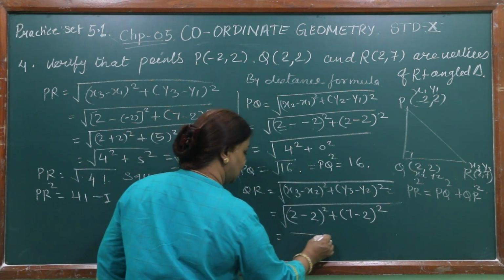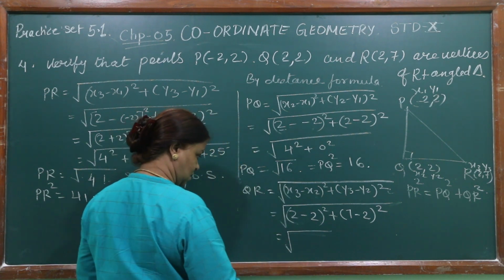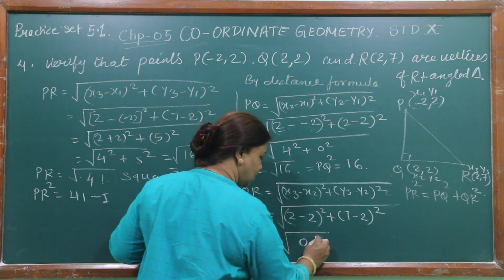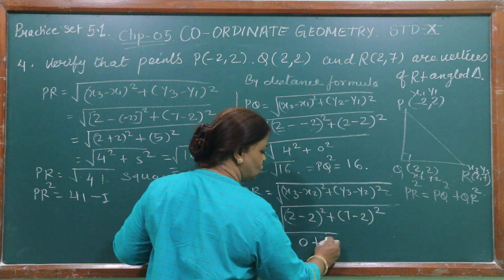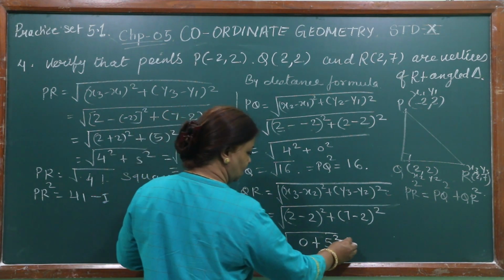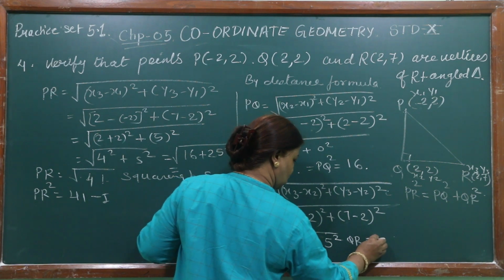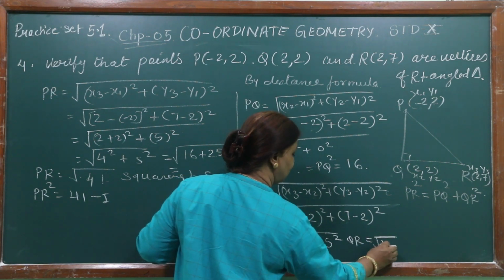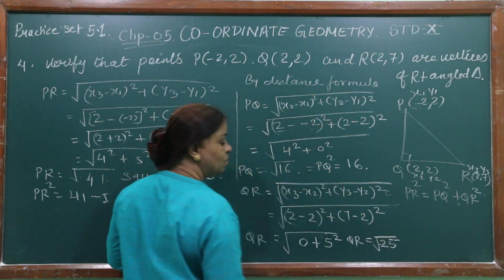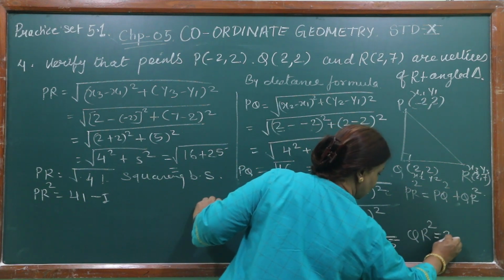Under the root, 2 minus 2 will be 0, children, plus 7 minus 2 will be 5 square. So QR is equal to under root 25. But I want QR square. So squaring both sides, I'll get QR square as 25.